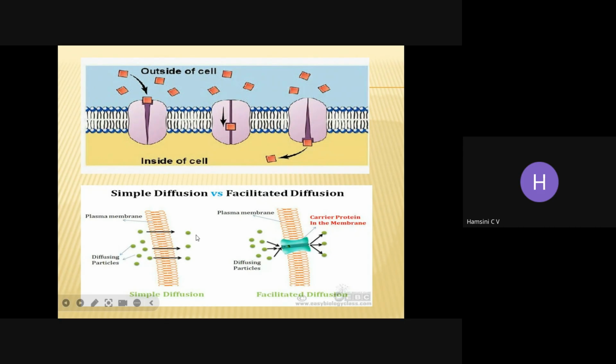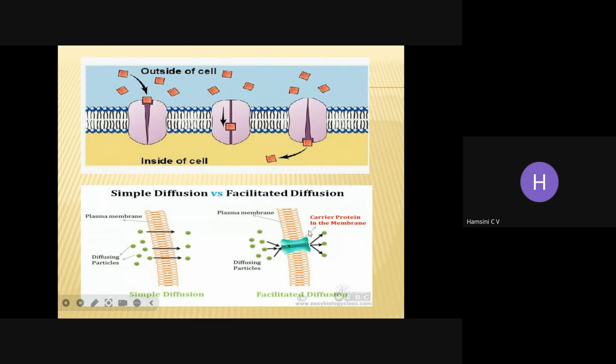But in case of facilitated diffusion, here you have a carrier protein. This carrier protein helps in transporting these molecules from higher concentration to lower concentration. So if we compare both, facilitated diffusion takes place at a faster rate. Simple diffusion takes place at a slower rate.